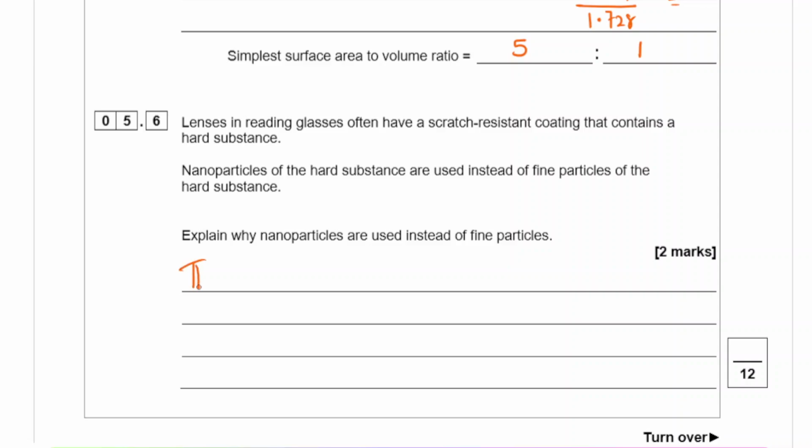The nanoparticles have a higher surface area to volume ratio.